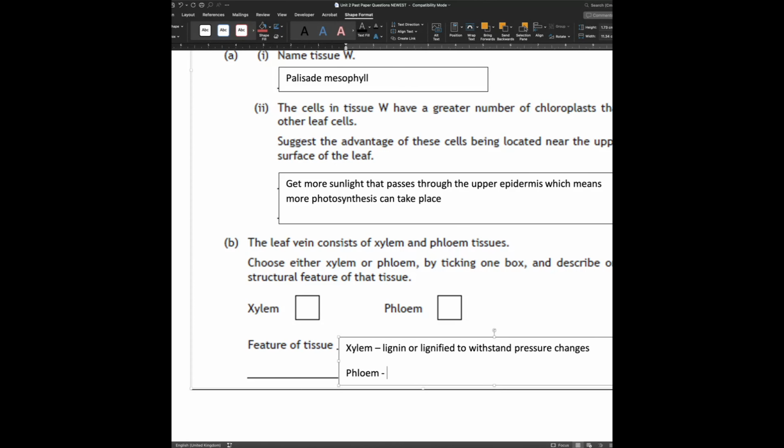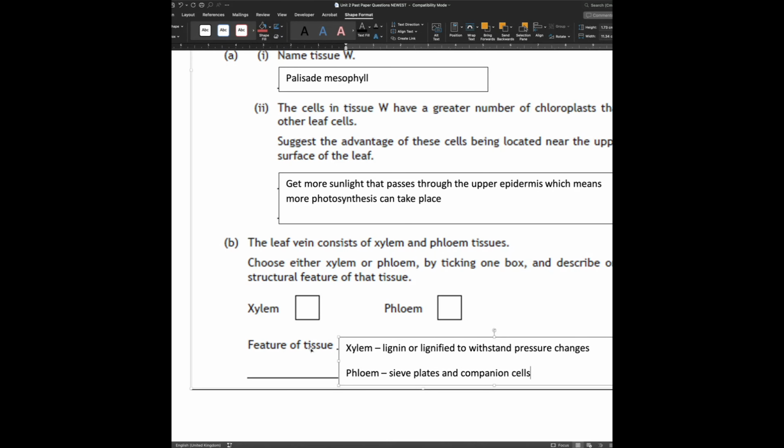For the phloem, it has sieve plates and companion cells. So we've to describe one structural feature. We've got the lignin with the xylem, and we've got the sieve plates and the companion cells with the phloem. That's what they're looking for there.